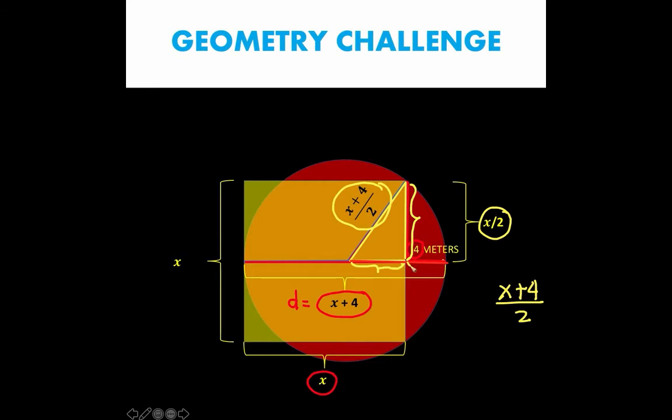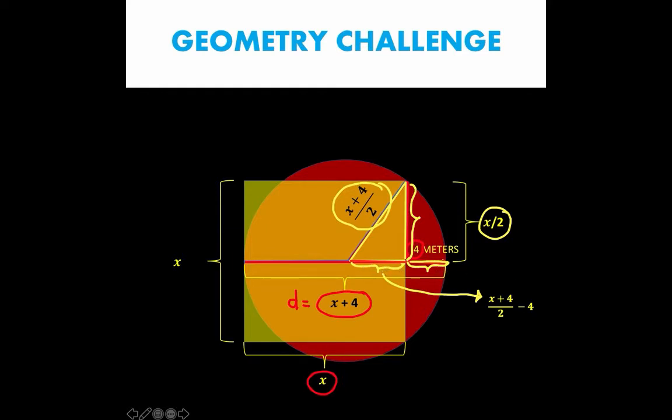And we know also that this length is 4 meters. So if we subtract this 4 meters, then what we will have is the length of this side of the triangle. Therefore, this length of the side of the triangle would be (x plus 4) over 2 minus 4. And that would be our representation of this side of the right triangle.